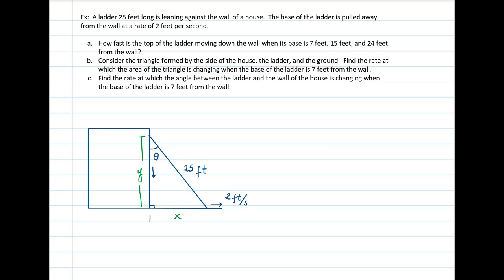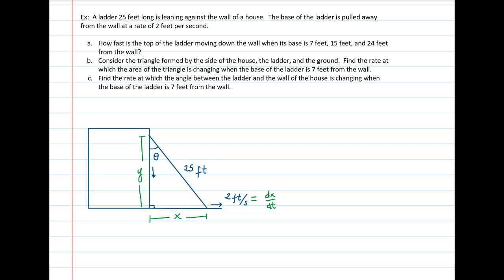Since these two sides in the right triangle are going to be changing, if we have this angle here, theta, as a reference, opposite to theta we're going to have x, and adjacent to theta we're going to have y. Now notice how as x increases, since the ladder is being pulled away from the house, y decreases, right?